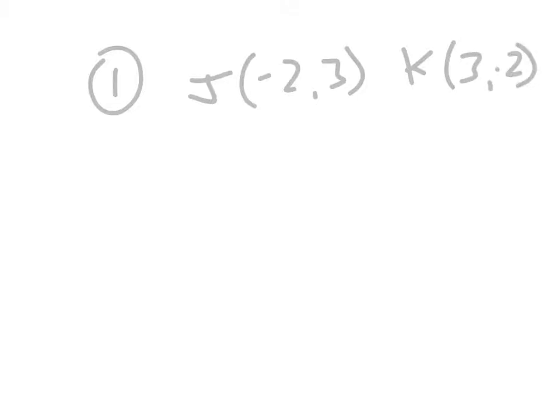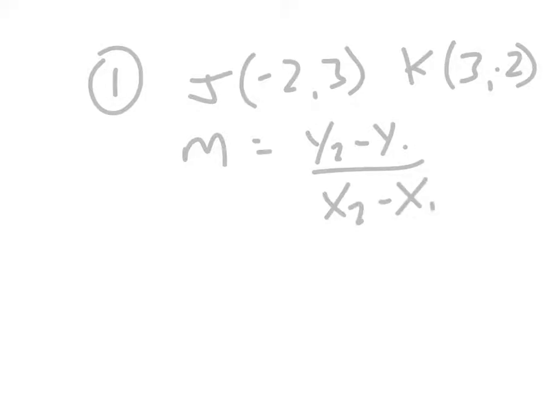Okay, questions like this, quote the formula. M stands for the slope, y2 minus y1, all over x2 minus x1. It doesn't matter which one's x1, y1, because it will all work out, but I always designate mine straight away: x1, y1, x2, y2. And again, plug your numbers in.